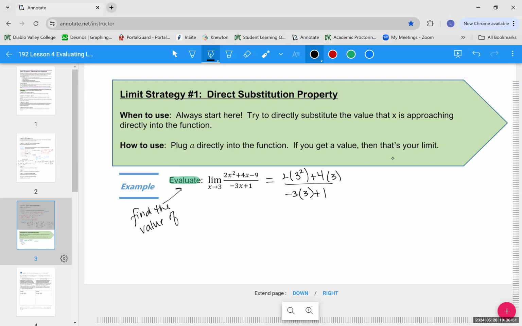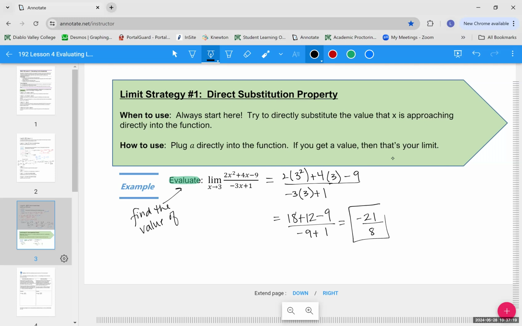evaluating here, plugging the 3 in to everything in the top. So I will have, let's see, 18 plus 12 minus 9 over minus 9 plus 1, which comes out to negative 21 over 8.